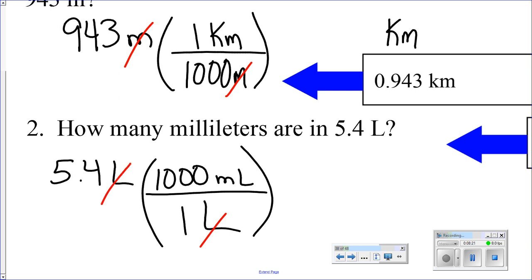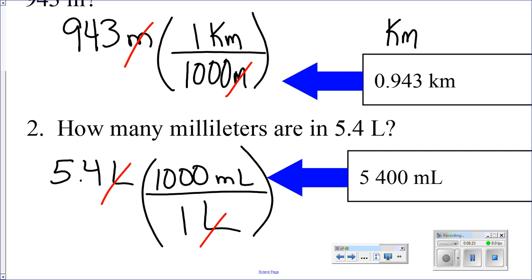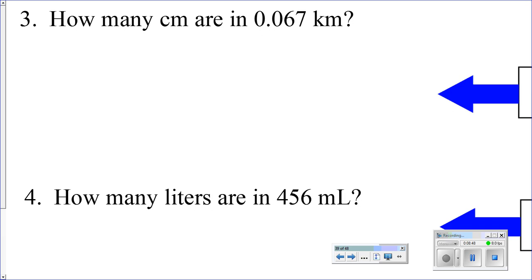This reminds me, oh, liters and milliliters, I'm going to multiply. 5,400 milliliters. And again, I put that space there rather than the comma, but if you have the comma there, that's totally fine. I did keep sig figs consistent in these. 943 has 3, so my answer did. And 5.4 has 2 sig figs, so 5,400 with no decimal there is 2 sig figs. If you put a decimal at the end, you added sig figs.